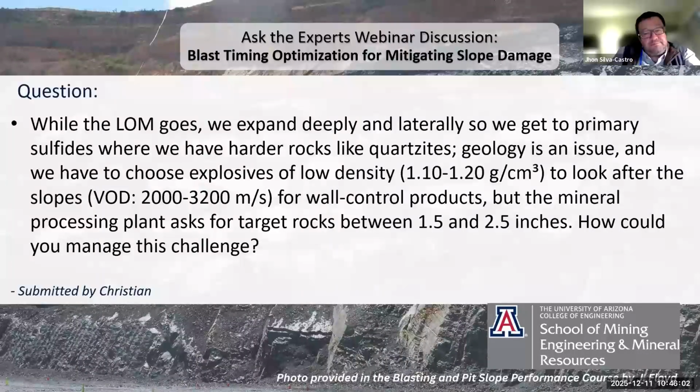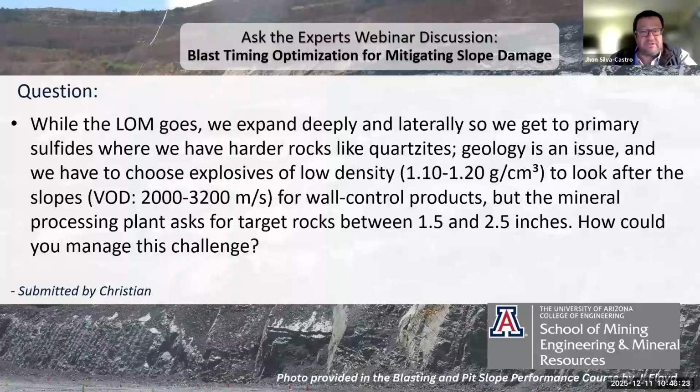Yeah, and the other point to complement what Pat is saying is why we have these different, let's say, techniques for wall protection. So we have trim shots, pre-split, buffer holes. So you can sacrifice some area close to the slope.